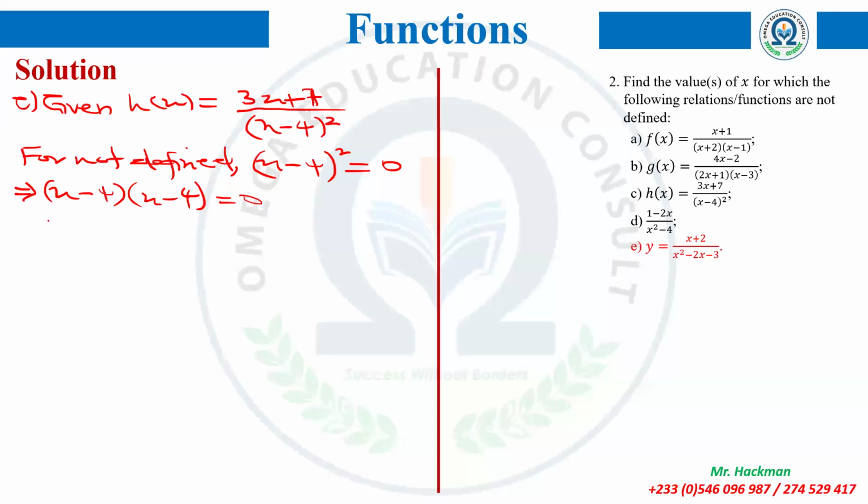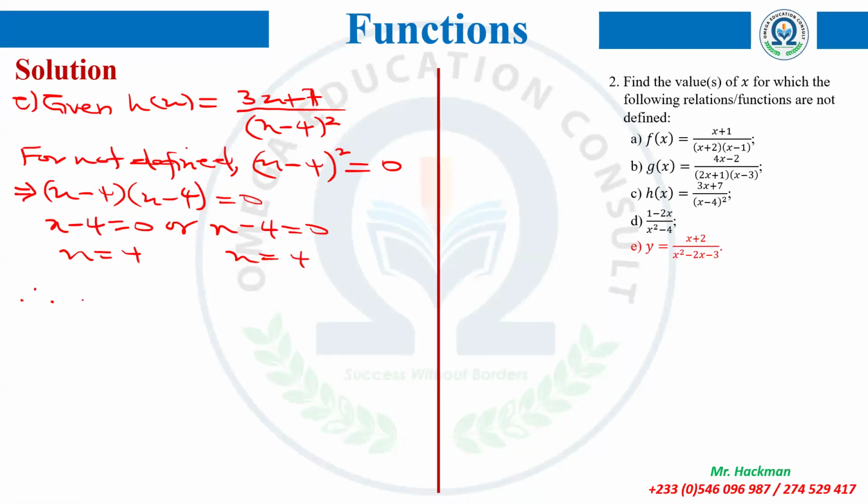In this case, you set the factors to 0. So x minus 4 should be equal to 0, or x minus 4 should be equal to 0. So you get x equal to 4 here, or x equal to 4. In drawing your conclusion, remember here you had repeated solutions, repeated values for x. But when you are drawing your conclusion, you discard one.